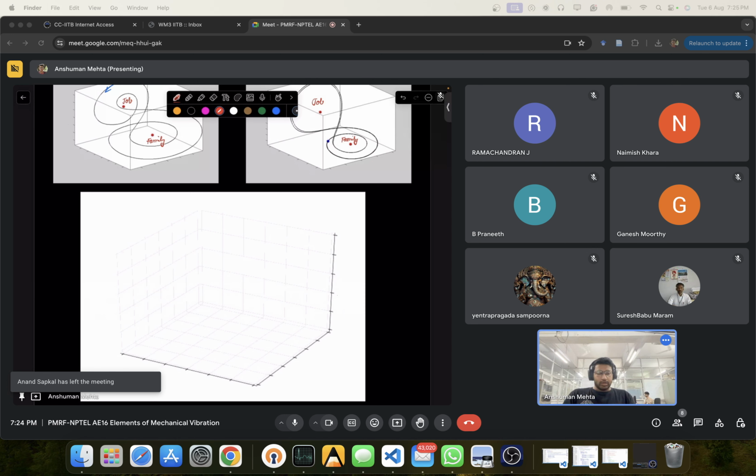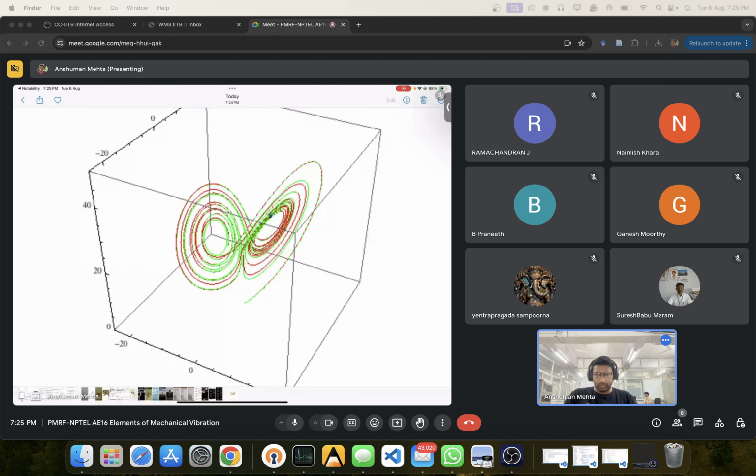Where there are different orbits. Is it visible? Now it may be visible.